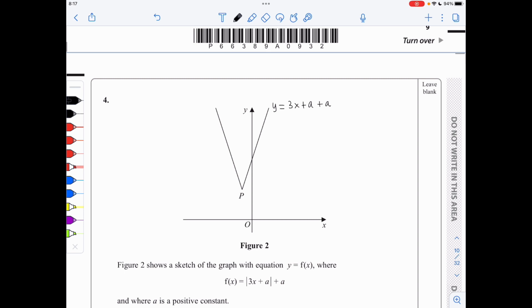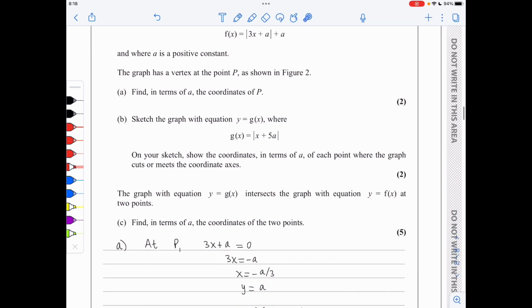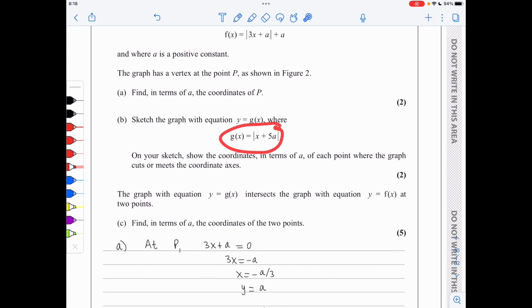So the modulus behaves like a normal set of brackets, which simplifies to 3x + 2a. And on the left-hand side, we've got y = −(3x + a) + a. So y is −3x. So the −a with the +a will cancel out. We can see that the cut on the y-axis is at 2a. And now I can proceed into considering what the graph of g of x will look like.